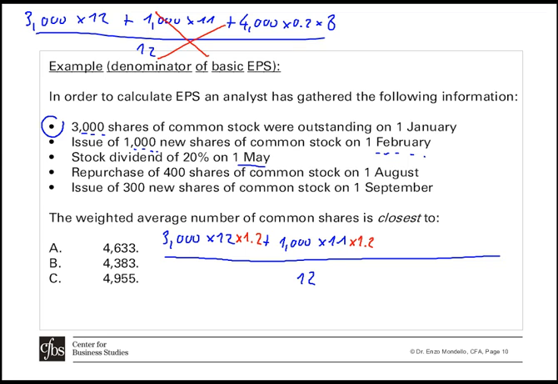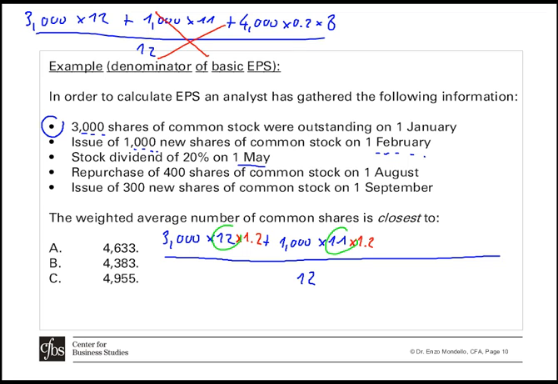Yes, you have to do that, right? Because those who purchased the stocks on 1st of February are also entitled to receive a stock dividend. The full amount, that's right. It's the same as the 3,000, right? That's correct, yes. But then if you do this calculation, it's not the same anymore. What do you mean with not the same?